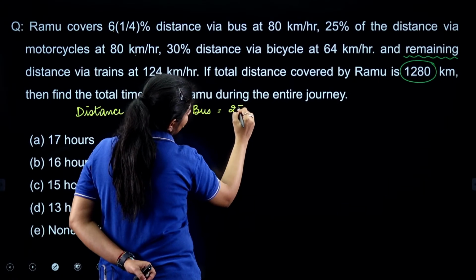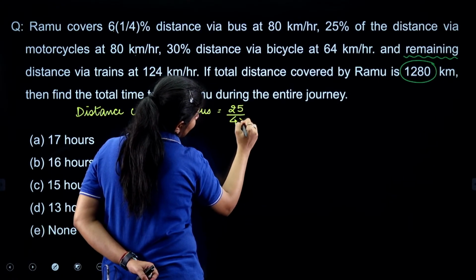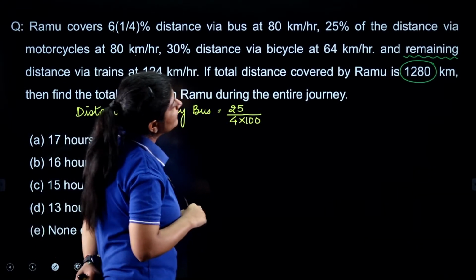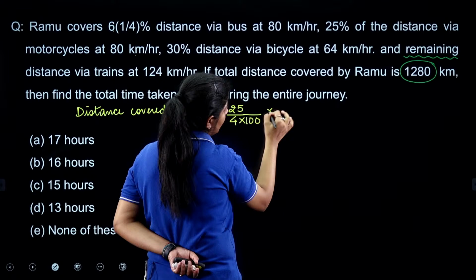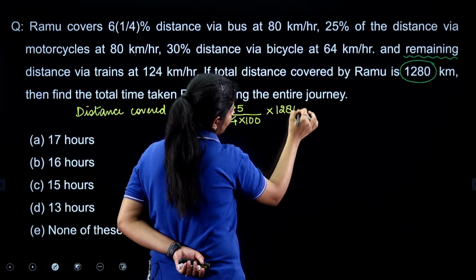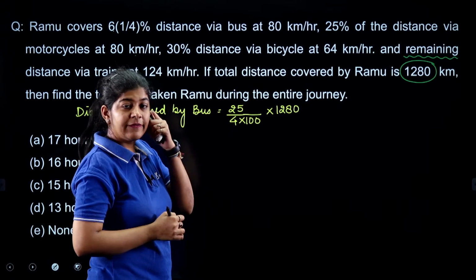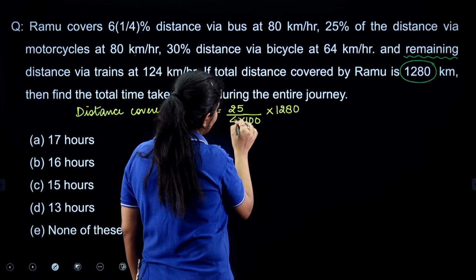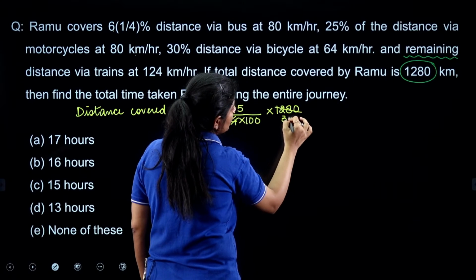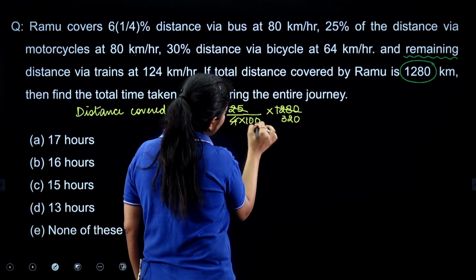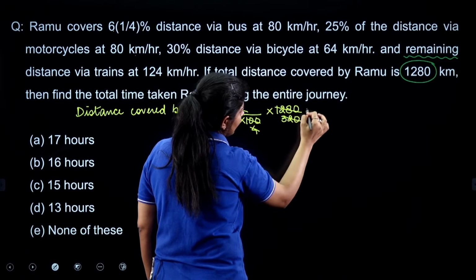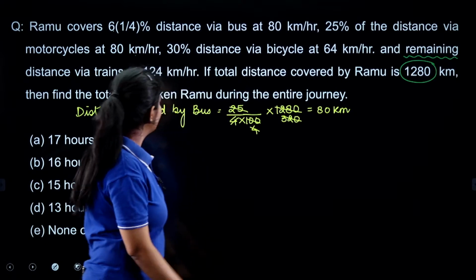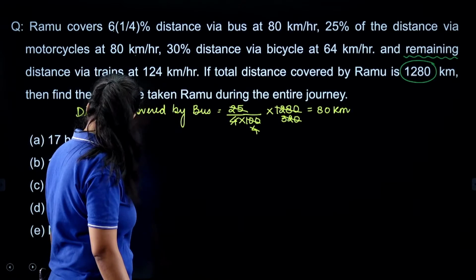So 25 by 4 percent means we multiply by 100, and the total distance is 1280. Here we got 4 and this is eliminated, and we get 80 kilometers. So the distance covered by the bus is equal to 80 kilometers.